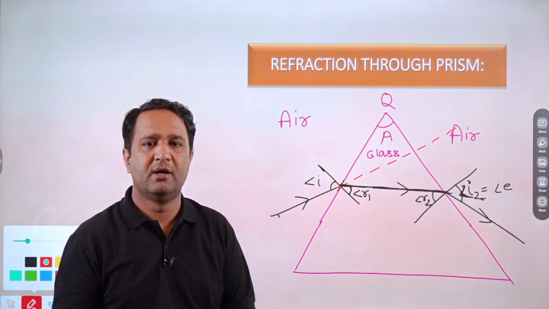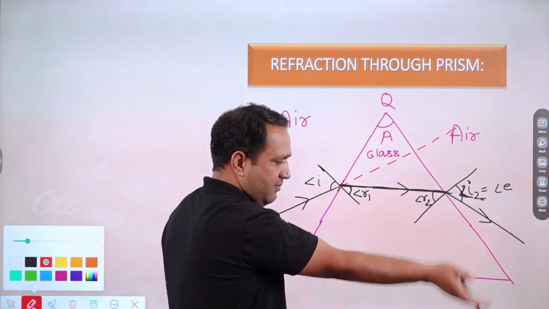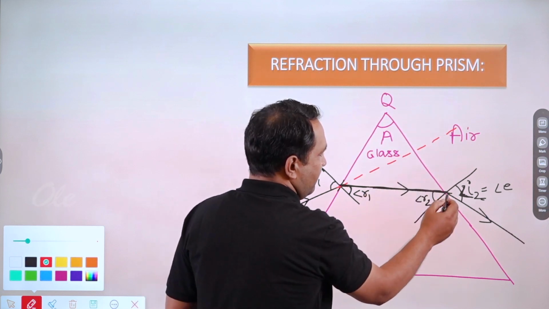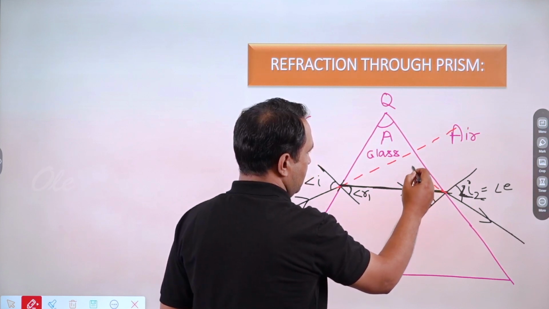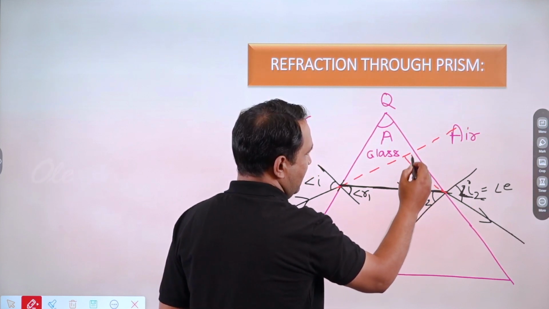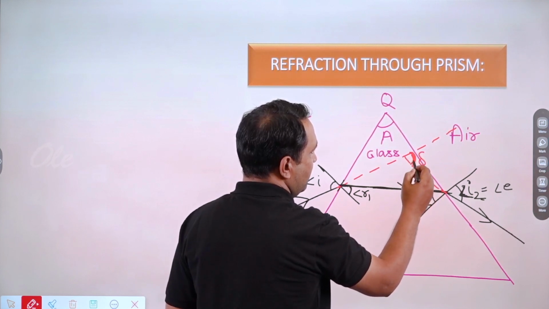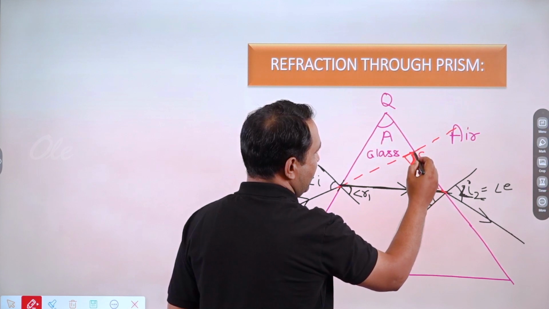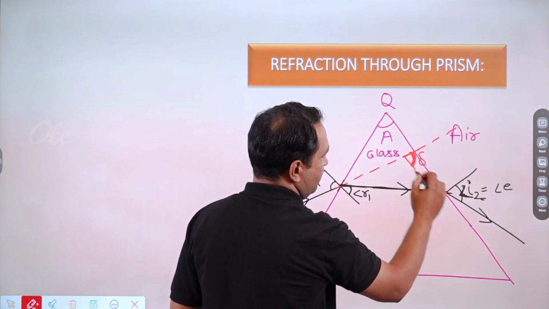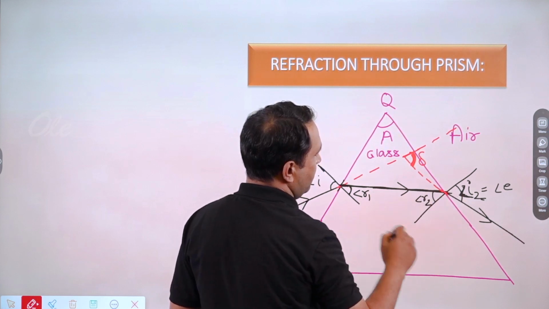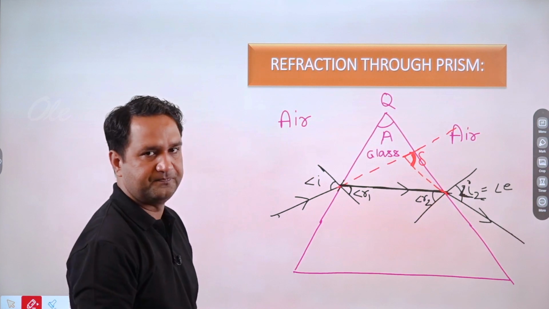How much has this light deviated? It should go like this, and moving like this means if we extend this, this angle is the angle of deviation, and this much the light has deviated. Its path should be this, but it is this now. Okay. So this angle is known as the angle of deviation.